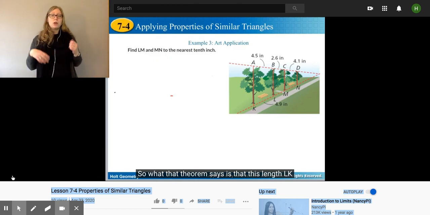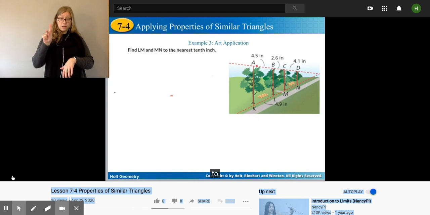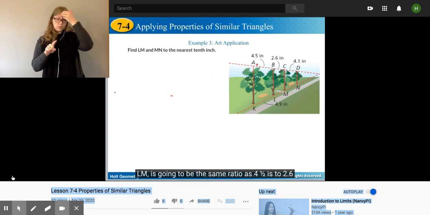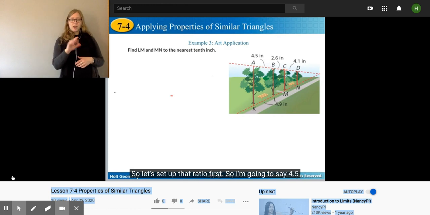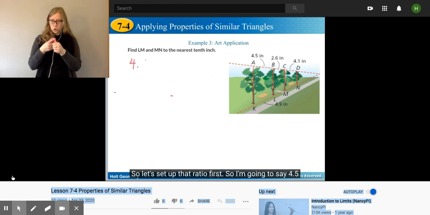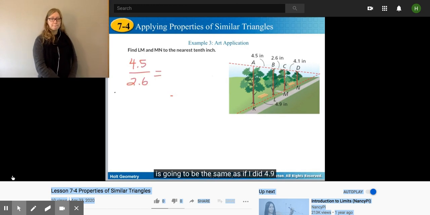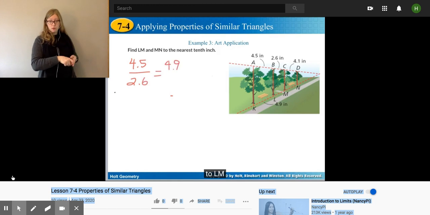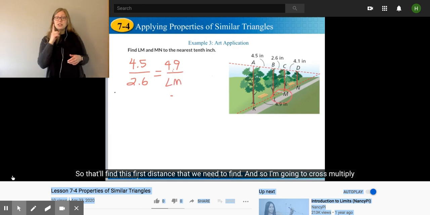So what that theorem says is that this length KL to LM is going to be the same ratio as 4.5 is to 2.6. So let's set up that ratio first. So I'm going to say 4.5 to 2.6 is going to be the same as 4.9 to LM, right? So that'll find this first distance that we need to find.